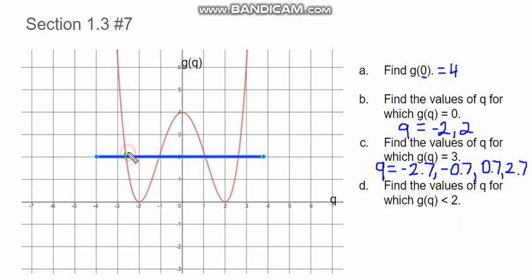One starting here at about -2.6, and then it ends around -1.1, and then another one starts at +1.1 and then ends at about 2.6.